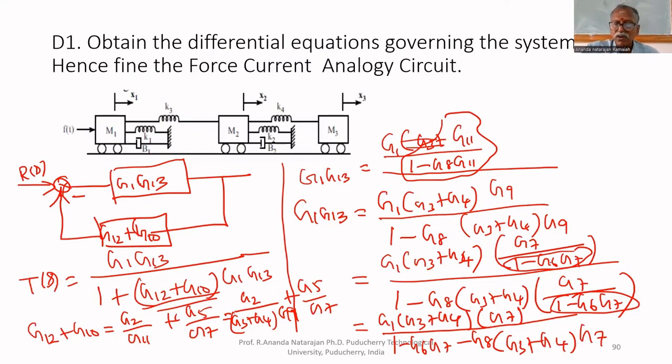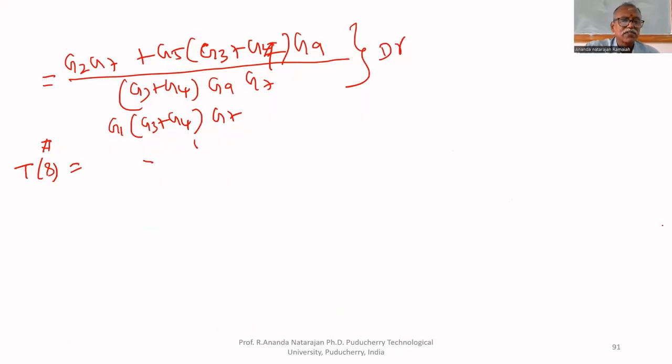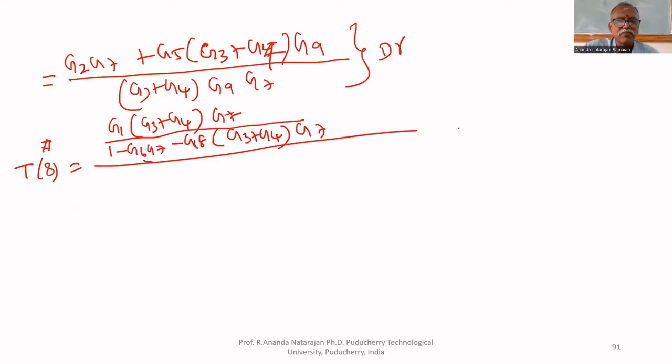That is, we got for numerator. This is for numerator that we are substituting: G1, G3 plus G4 multiplied by G7, divided by 1 minus G6, G7 minus G8, G3 plus G4, G7. This is for numerator.